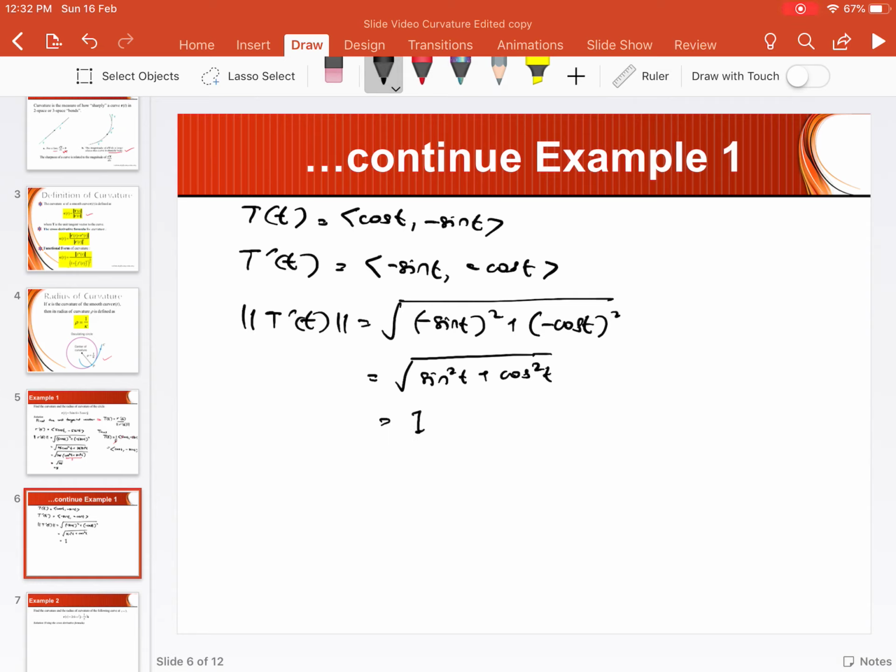Okay, so therefore the curvature equals the magnitude of T prime t divided by the magnitude of r prime t.